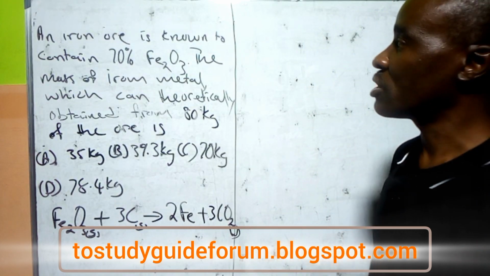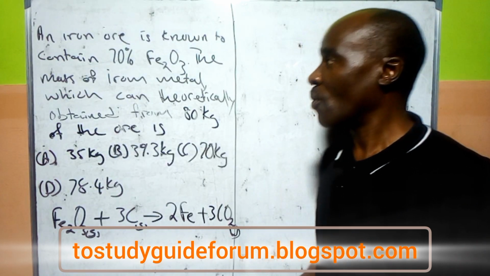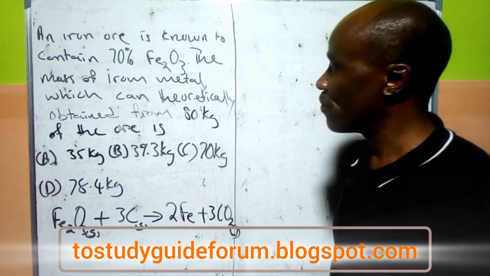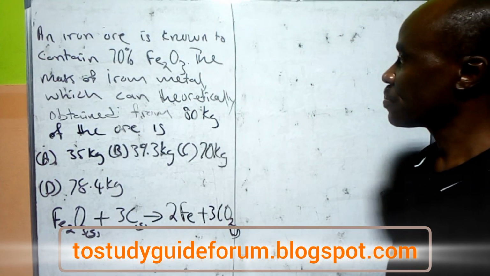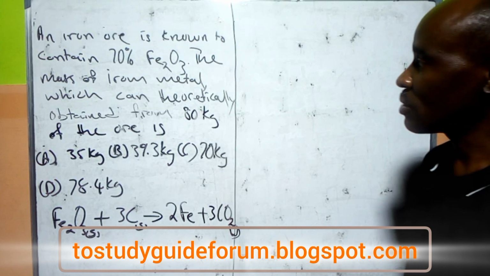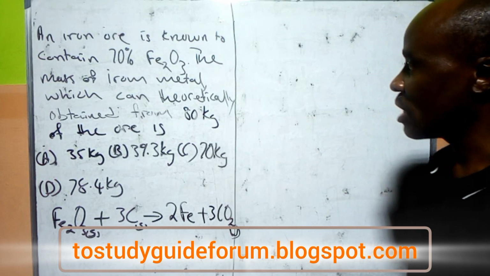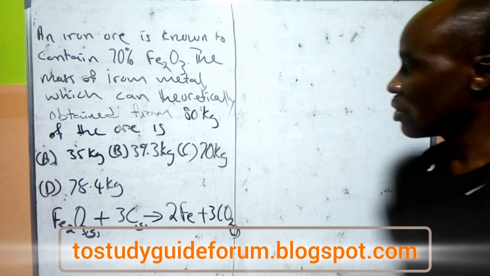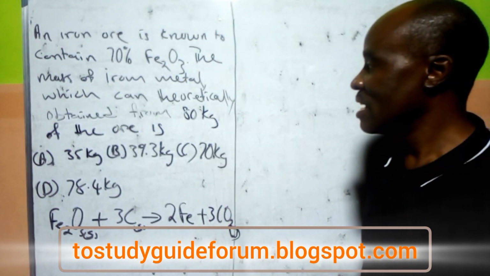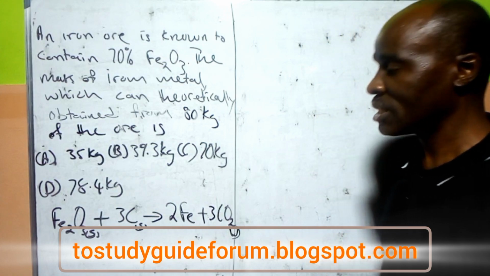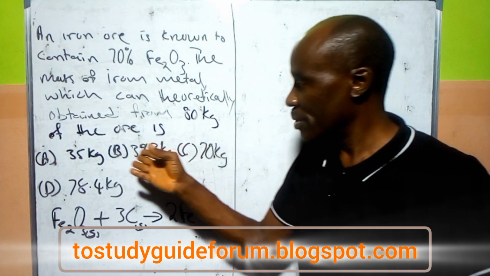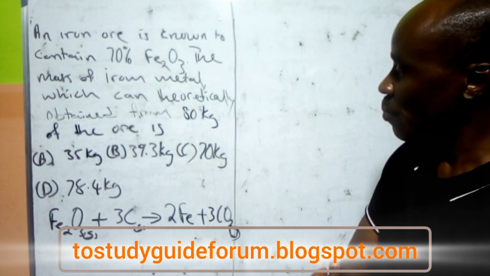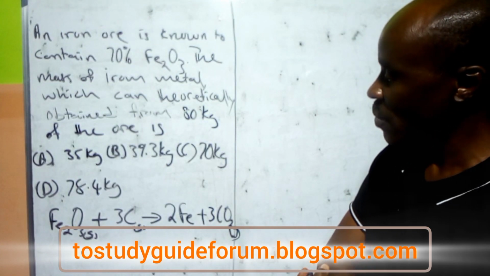The question said an iron ore is known to contain 70% of iron 3 oxide. The mass of iron metal which can theoretically be obtained from 80 kg of this ore is what we are going to be calculating.